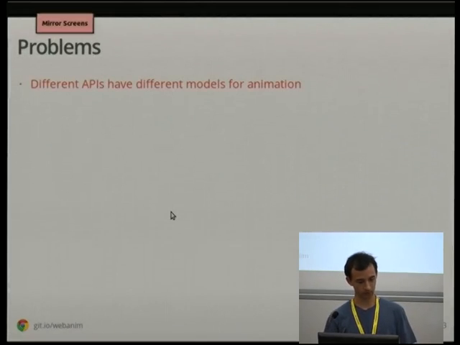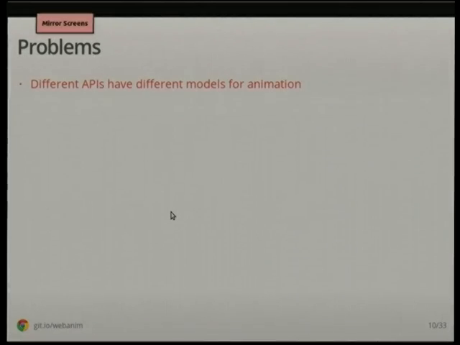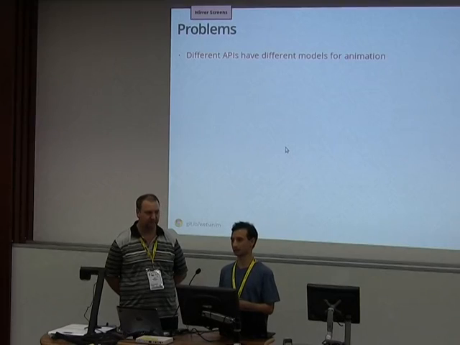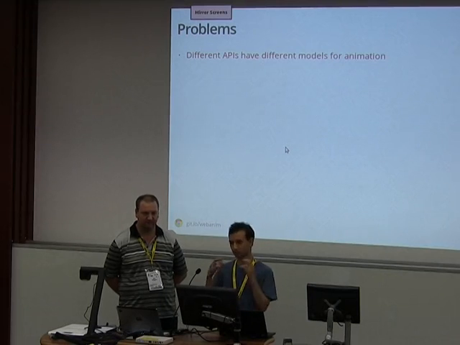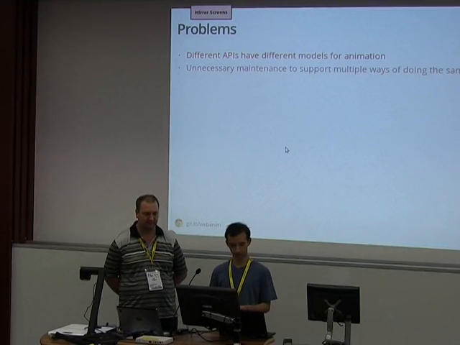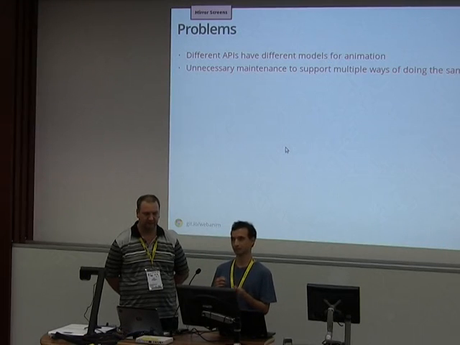So overall, the issue with the current state of animation on the web is all these different APIs, so CSS, SVG, and various JavaScript libraries. They all have their own idea of what animation is. They all have different conceptual models, and that's more work for browsers in terms of CSS and SVG to implement these different models.